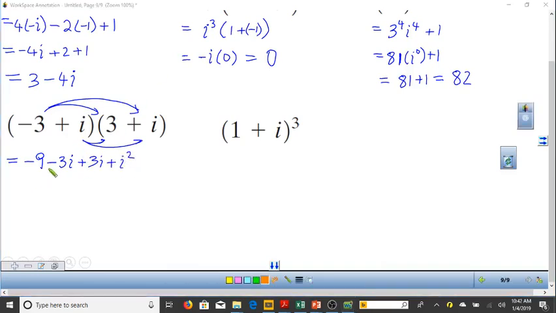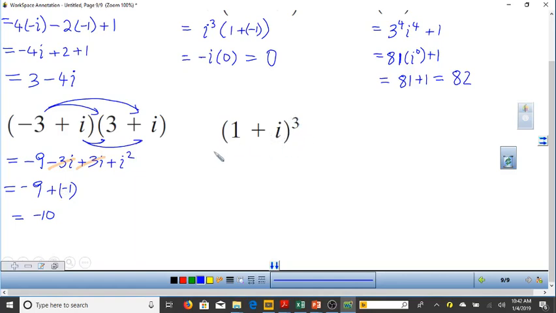The middle terms are opposites, so they cancel. So you end up with negative 9, and i squared is negative 1. Negative 9 plus negative 1 is negative 10, which is the negative of what you would get if you multiply the conjugates. And that's because this is the negative of the conjugate of this. So that is expected.